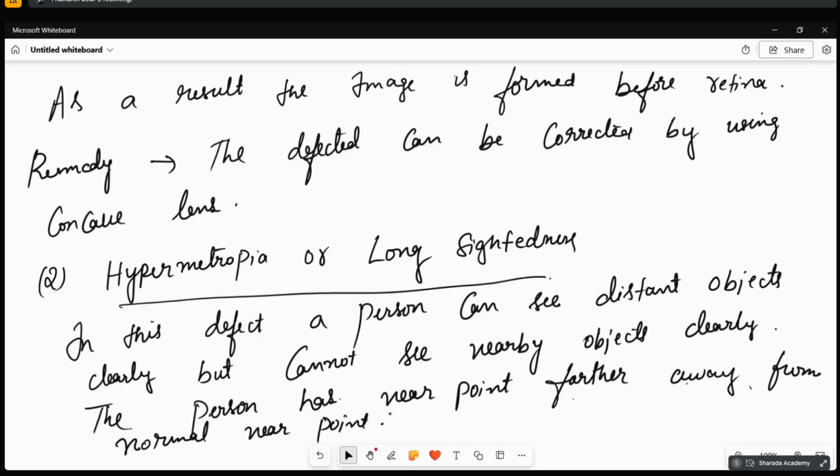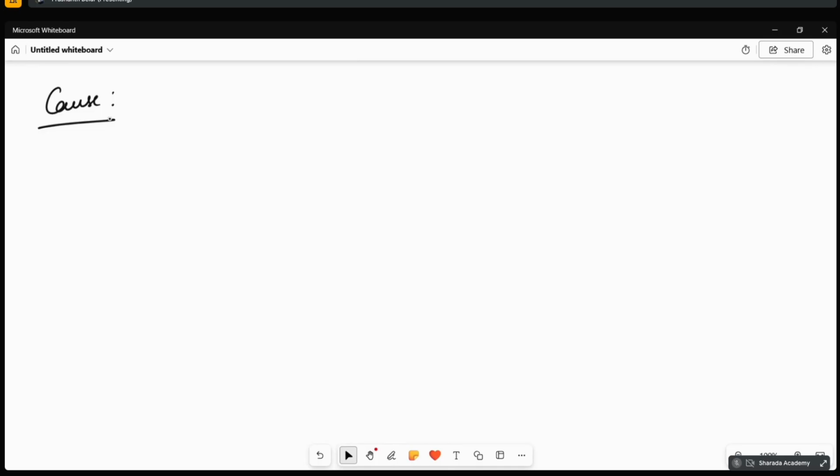Again, I repeat, hypermetropia means long-sightedness. You can see the long distance objects clearly, but near objects cannot be focused clearly. To focus near objects, the focal length should be small. But here, focal length will be increased. That is the reason very near objects you can't focus.